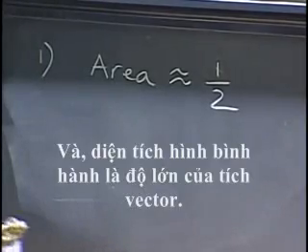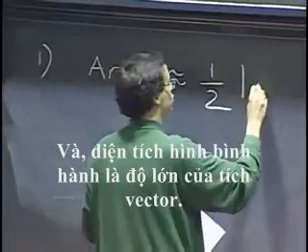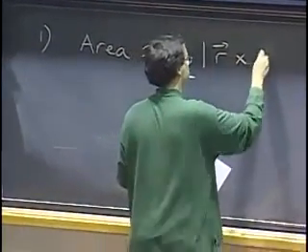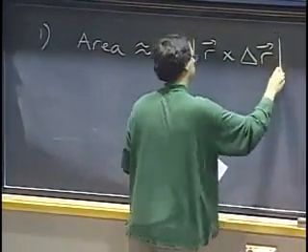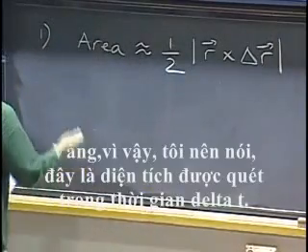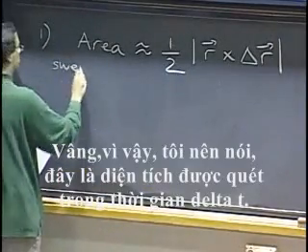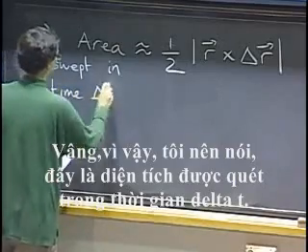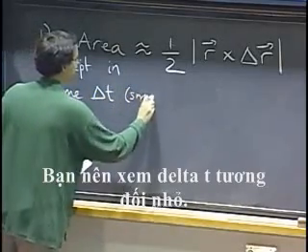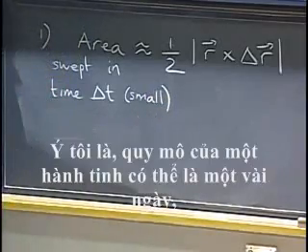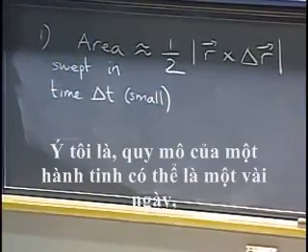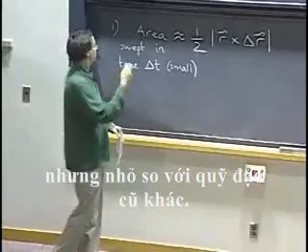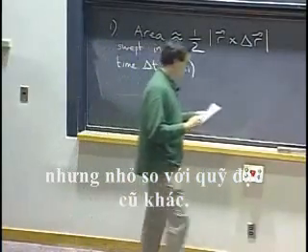And the area of a parallelogram is given by the magnitude of a cross product. Okay, so I should say this is the area swept in time delta t. And you should think of delta t as relatively small. I mean, at the scale of a planet, that might still be a few days, but small compared to the overall trajectory.